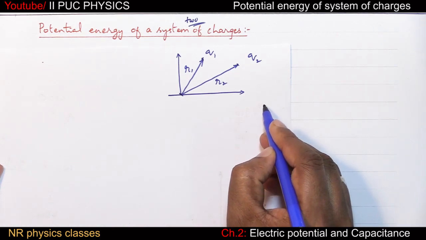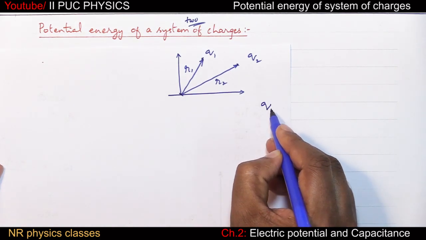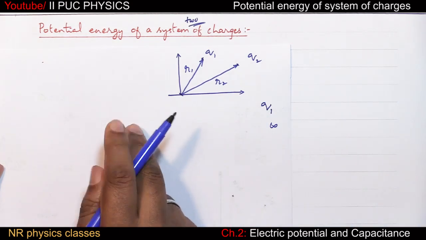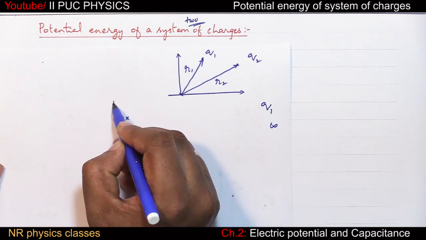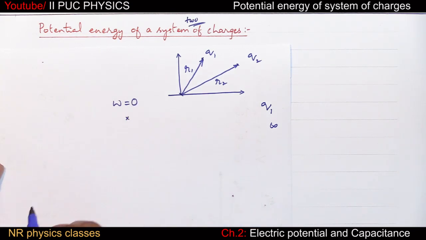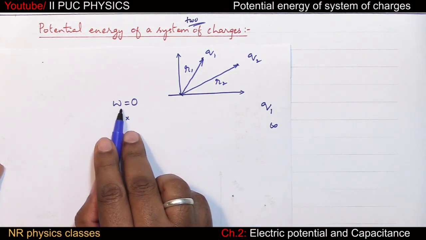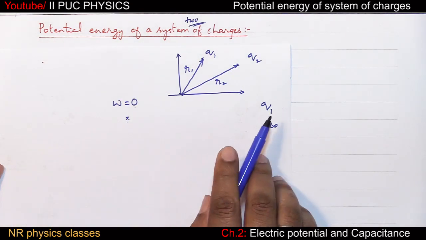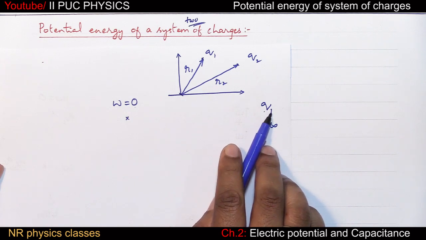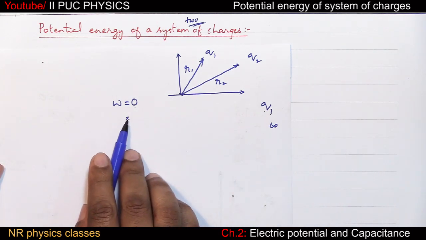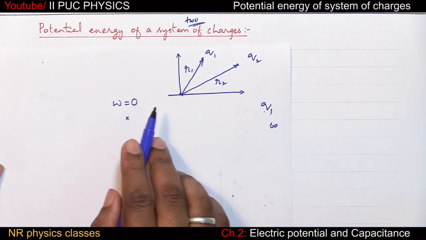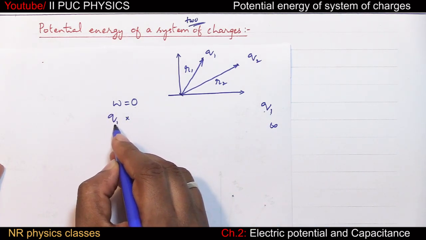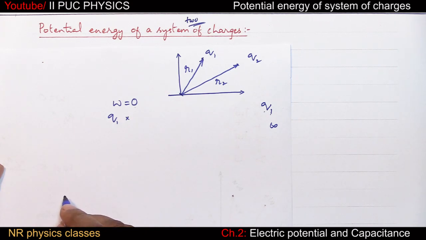Now, work done in bringing charge Q1 from infinity to this point. Why is the work done 0? Since this region is charge free, the work done in bringing Q1 from infinity to this point is 0. Now we have kept Q1 here without any effort. That is the meaning of work equal to 0.